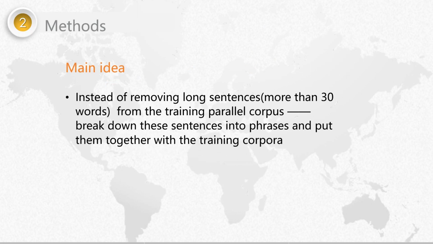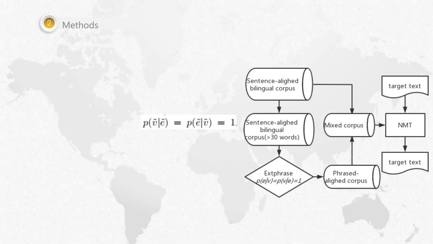Our main idea, as I just introduced: instead of removing long sentences, our main idea is to break down these sentences into phrases and put them together with the training corpus.